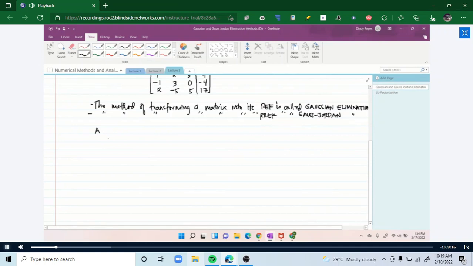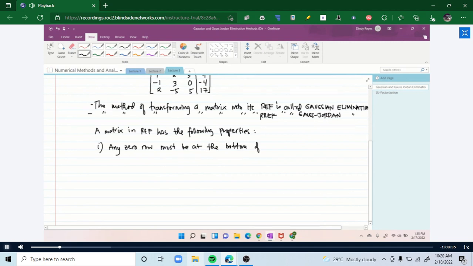So, let me just recall, a matrix in REF or row echelon form has the following properties. First, if there are any zero rows, so rows containing all zeros, they must be at the bottom of the matrix. Any zero row must be at the bottom of the matrix.